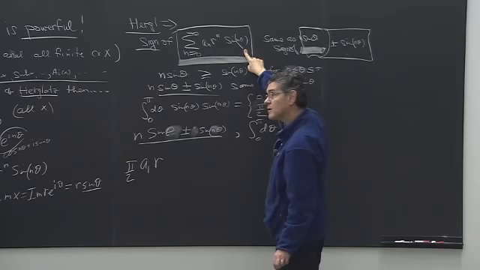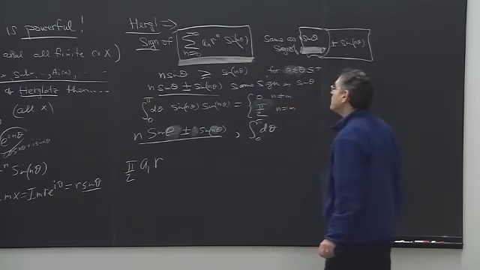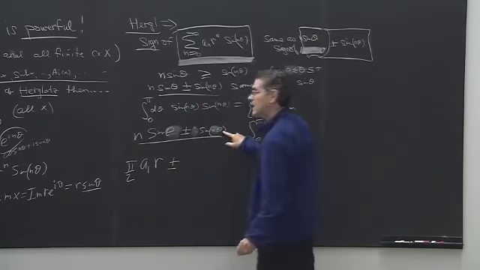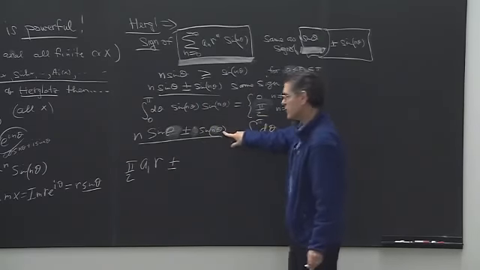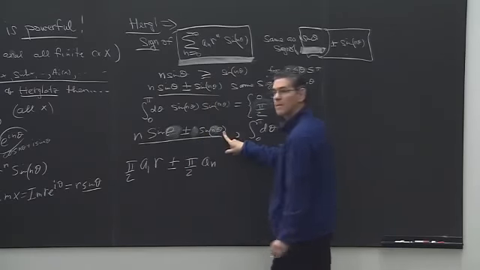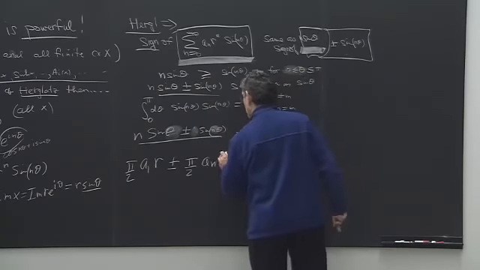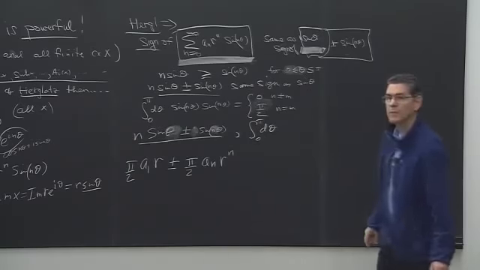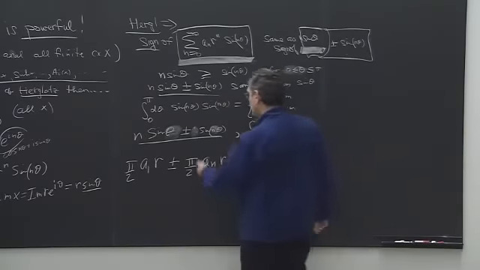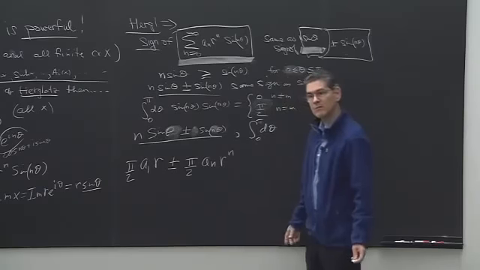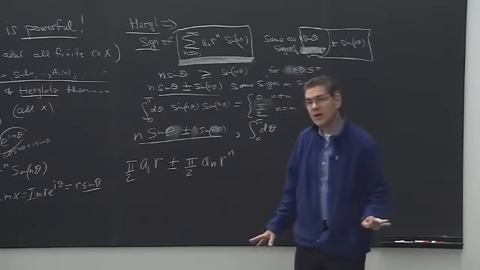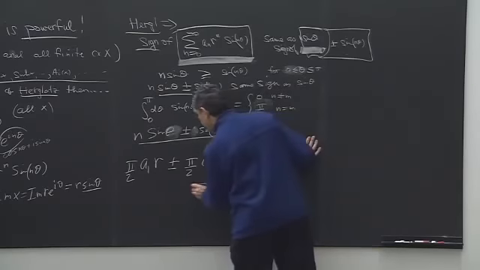Does everybody see that? Okay? And when you multiply by plus or minus sine of n theta, and you integrate, you get pi over 2 times an times r to the n. Okay? Now, what we've multiplied by is positive, and we've integrated from 0 to pi, so that doesn't change the sign of anything, but you notice that on the left we have this.